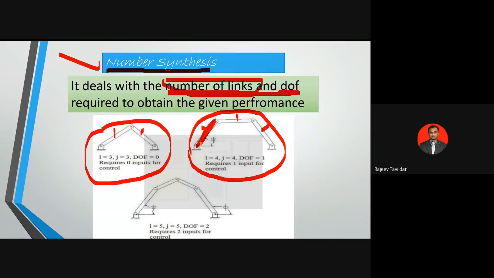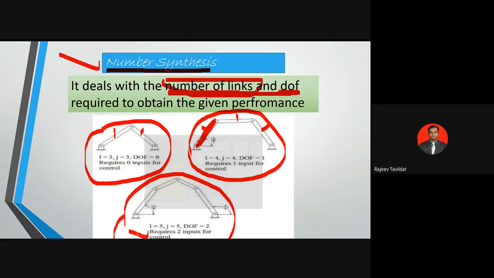Okay, if I take the third example over here, we are having 5 links. For the 5 links we are getting degree of freedom as 2. You can solve the same problem using the Grubler's equation. So one input is this psi, another one is this phi.